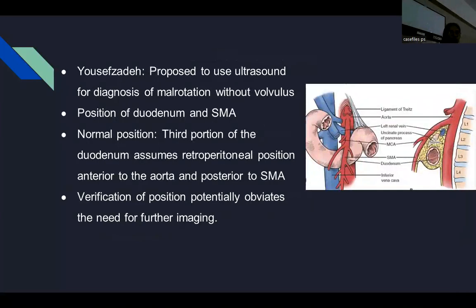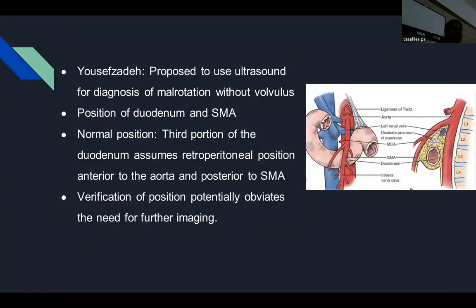Coming to one of the other features which can be appreciated if the ultrasound is done appropriately, we can make use of the position of the duodenum and the SMA, and we can evaluate that in patients who are having suspicion of volvulus and malrotation.